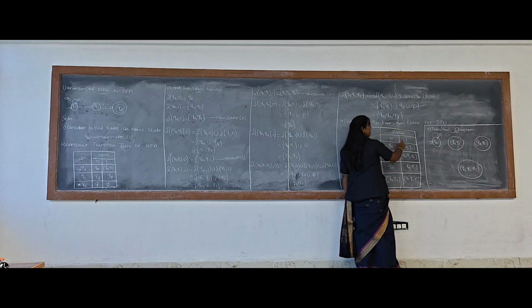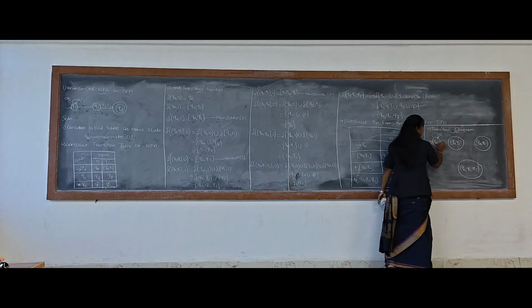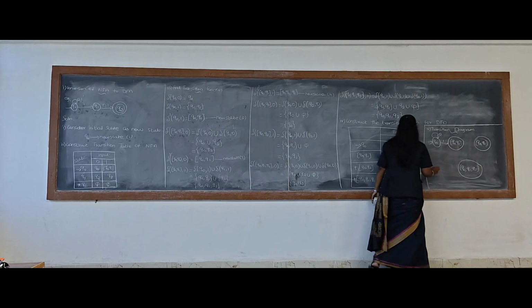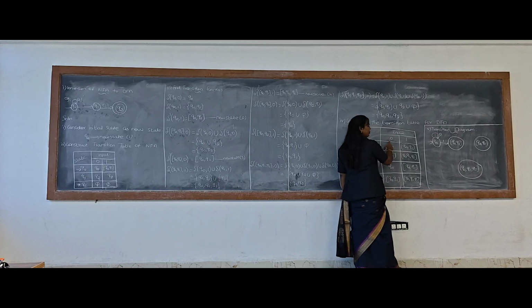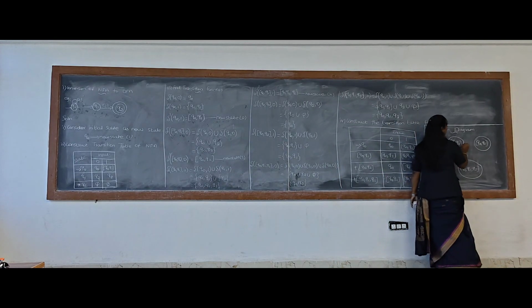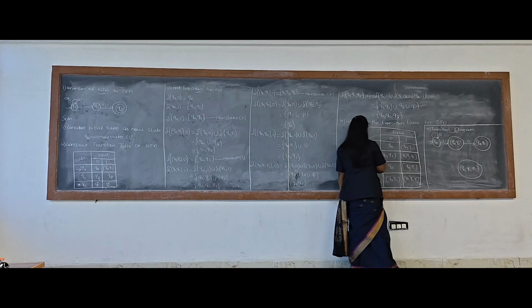Okay. Next, Q0 Q1 reading the input symbol 0 will move to the state Q0 Q2. And again Q0 Q1 reading the input symbol 1 will move to the state Q0 Q1 Q2.